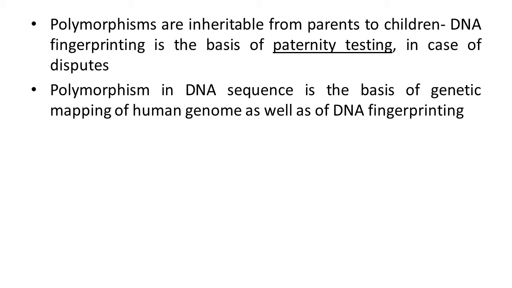Polymorphisms are inheritable. It means they are passed from parents to their offspring, from one generation to the next, and this way DNA fingerprinting is also the basis of paternity testing in case of disputes. One example: suppose there is one child. If two different parents are each claiming that it is their own child, a paternity test is performed, and samples are collected from the child and these two different parents.